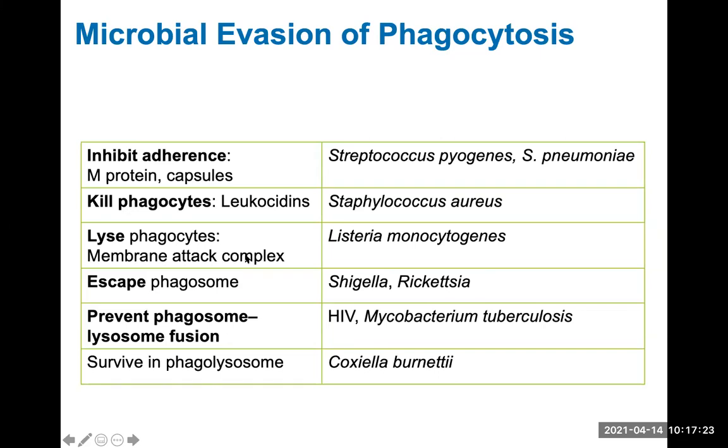And then another non-specific survival, we have Coxiella burnetii, which is able to actually survive in the phagolysosome, which is incredible. It must have a lot of very complex mechanisms that allow it to inactivate all those enzymes and all the toxic oxygen. And so that's the evasion of phagocytosis.